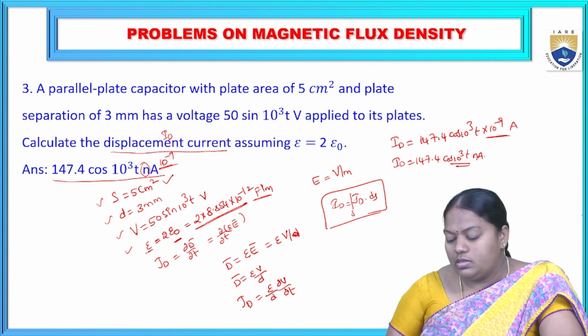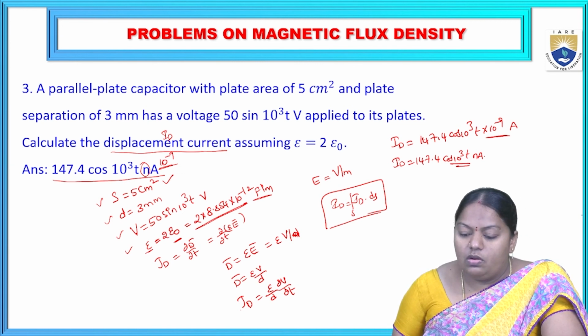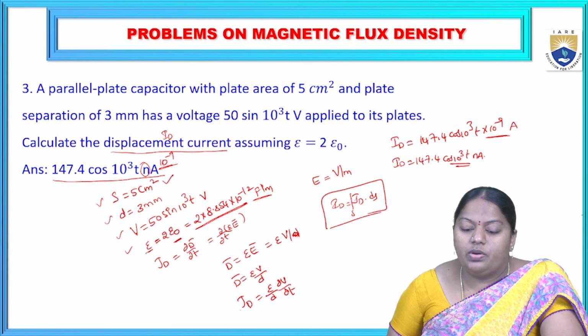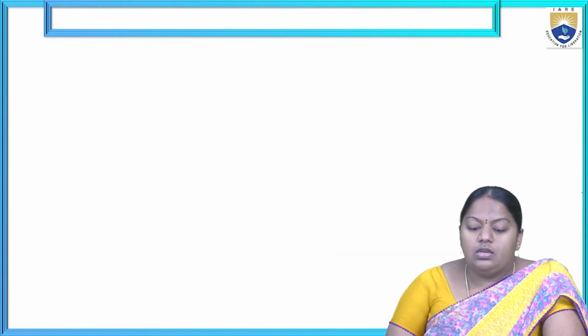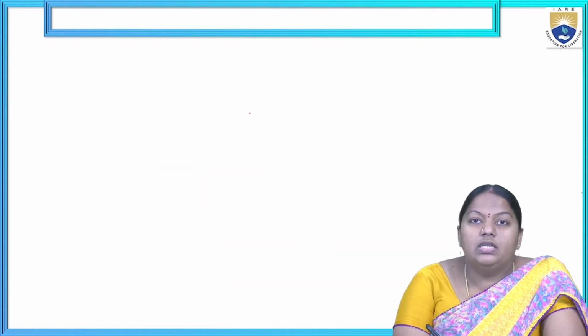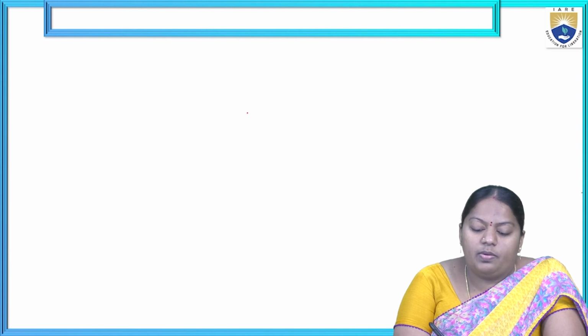Okay, so this is the way we have evaluated or solved some of the problems based upon magnetic field intensity and magnetic flux density, right? So here is what we have learned from all the problems.